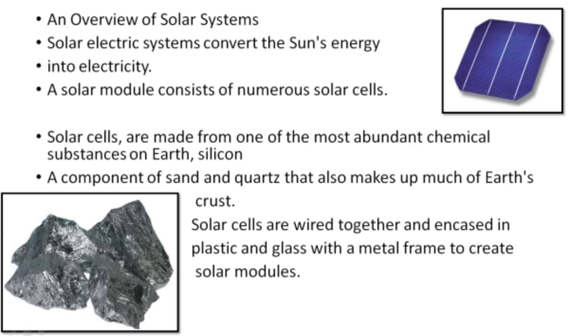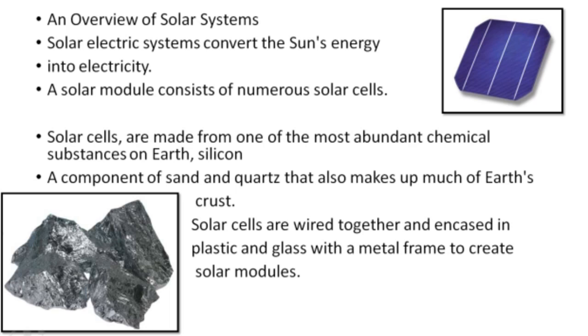Solar cells are wired together and encased in plastic and glass with a metal frame to create solar modules. The plastic and glass layers protect the solar cells from moisture. Two or more modules are typically mounted on a rack and wired together. Together, the rack and the solar modules are referred to as the solar array.